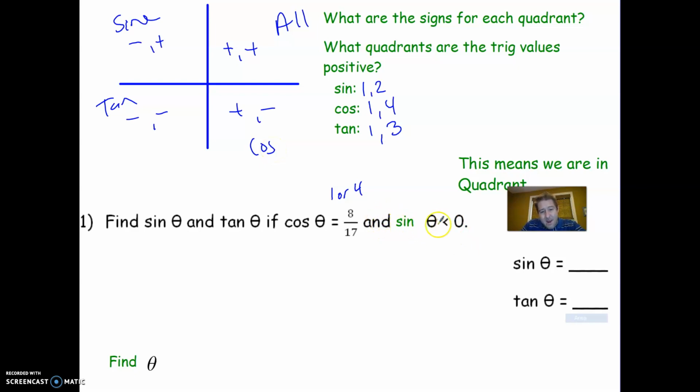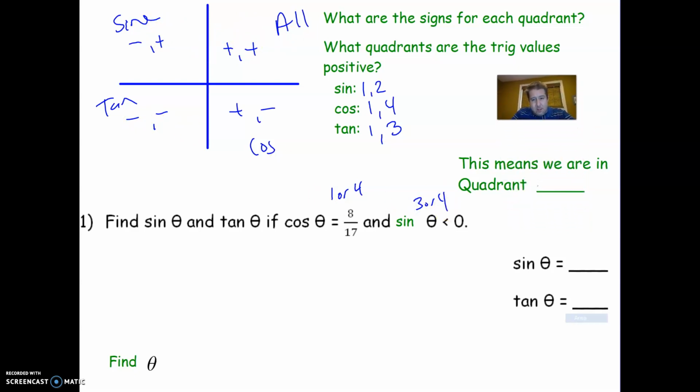Sine is negative, so it can't be in 1 or 2; it has to be in 3 or 4. By process of elimination, the answer is in quadrant 4.